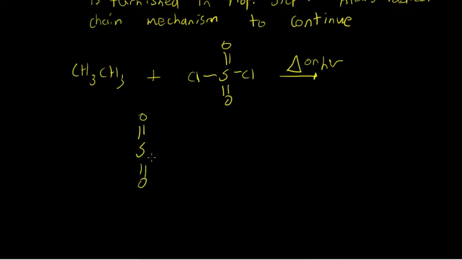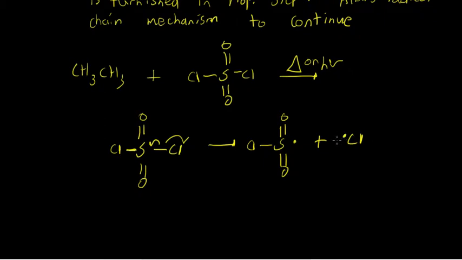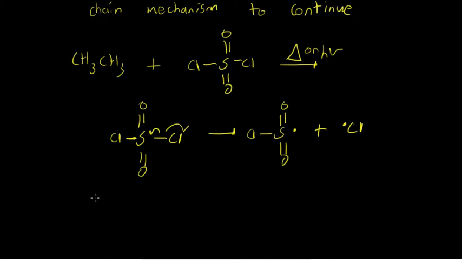And we're trying to radically halogenate, or radically chlorinate specifically, so we need Cl radical to be furnished.